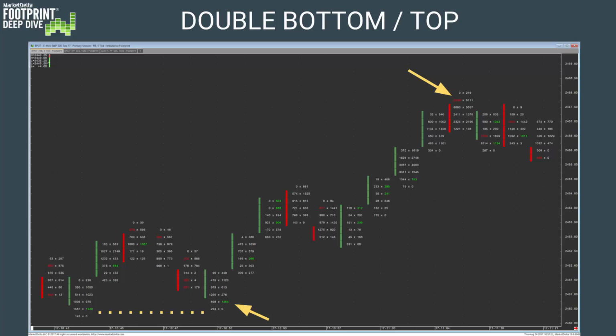Now, someone's probably thinking, well, where do I buy? You could buy at the open of this bar. That's the safest spot, because then everything in this bar is confirmed. Everything you see in here is locked in history, and you would get long here. If you're more aggressive, you could trade as this thing moves away. You could get long.